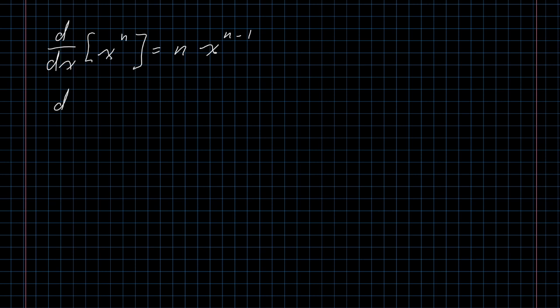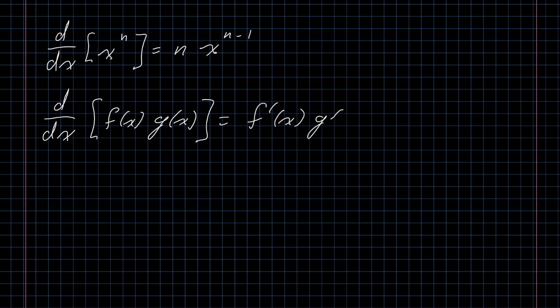Then you have the product rule. The derivative of f of x times g of x is equal to f prime of x times g of x plus f of x times g prime of x. You have the quotient rule.